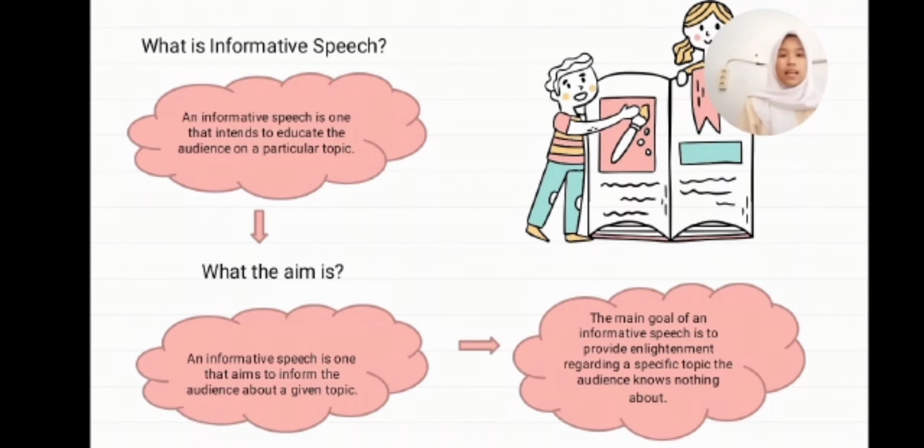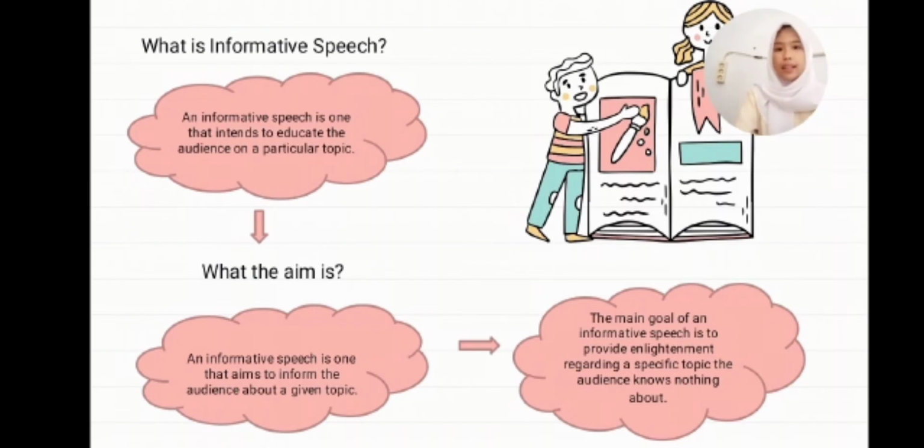The topics covered in an informative speech should help the audience to understand a topic better and to remember what they learned later. So, the main goal of an informative speech is to provide enlightenment regarding a specific topic the audience knows nothing about.